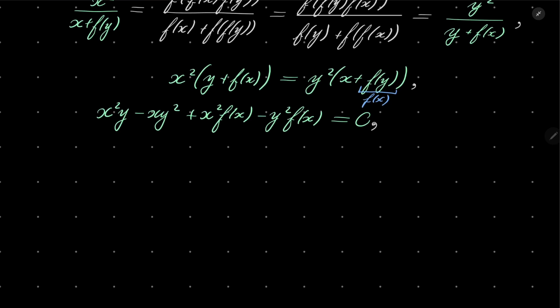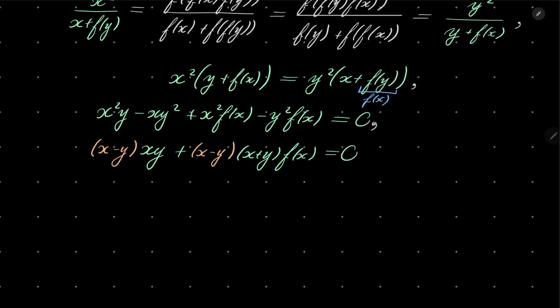Here we have a common factor of x minus y, and we have x times y, and here we have (x + y) f(x) minus... because (x − y)(x + y) is x squared minus y squared, and that's exactly what we have in the previous line.